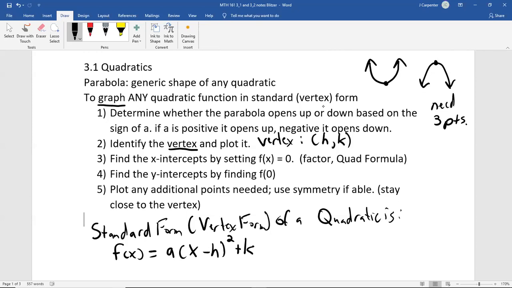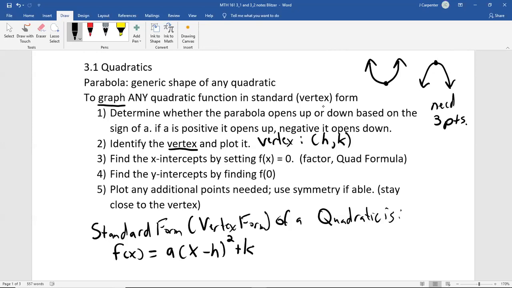A lot of people are used to seeing ax squared plus bx plus c, and that's great for factoring. That's great for a lot of things, and it's pretty solid for graphing quadratics. But this format is amazing because when something is in this format, the reason I like to call it vertex form instead of just standard form is because you can tell me in less than a second what the vertex is.